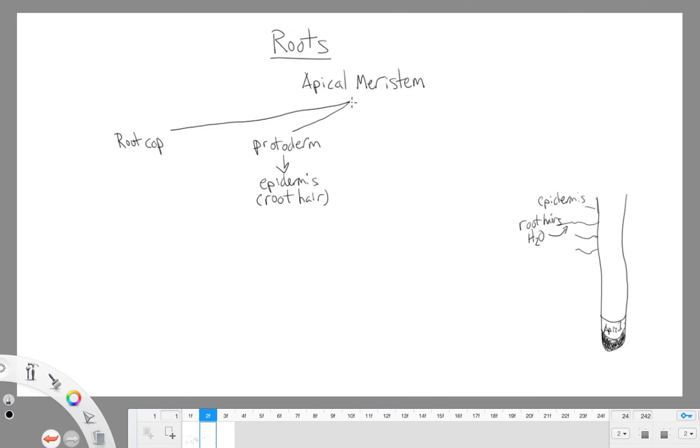Okay, then our apical meristem produces ground meristem. And these ground meristem cells are going to mature into what we call cortex. And there's a special part of the cortex called the endodermis.